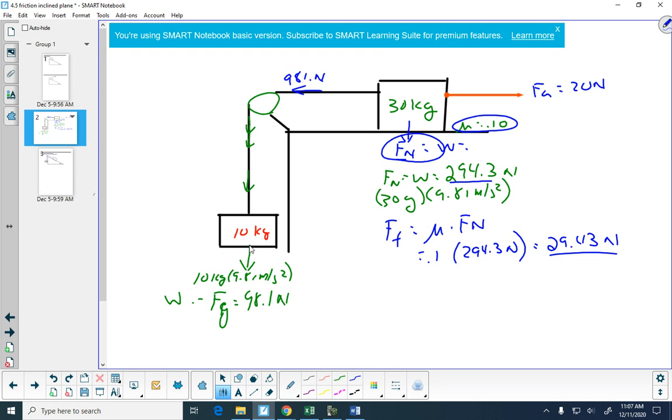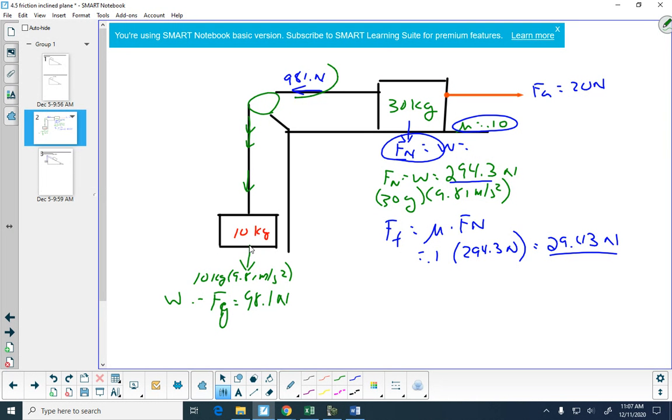Well, if I'm pulling at 98.1 newtons to the left, and I'm pulling at 20 newtons to the right, which direction is this object going to move? Anna, which direction is this object going to move? To the right.